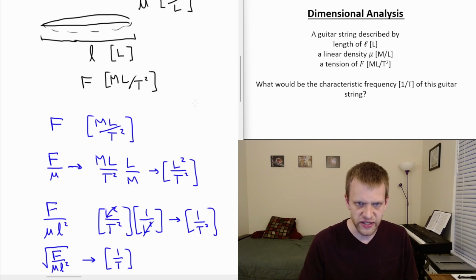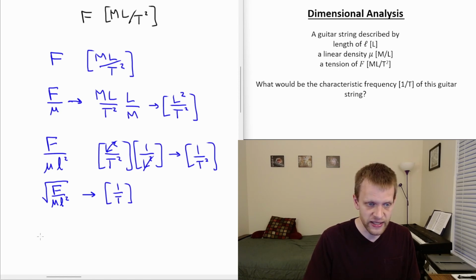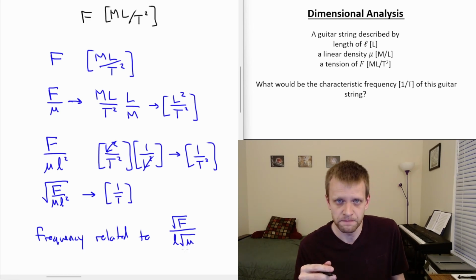Okay. We can actually tidy this up a little bit. If I'm taking the square root of L squared, the square root and the squared term on that L squared are just going to cancel out. So I get this as my frequency is related to the square root of the tension force, divided by the length of the string and the square root of that linear density.